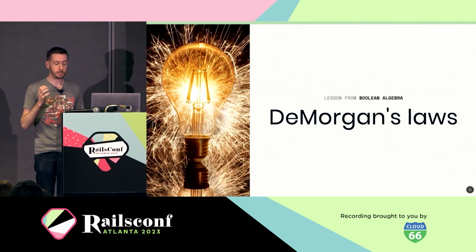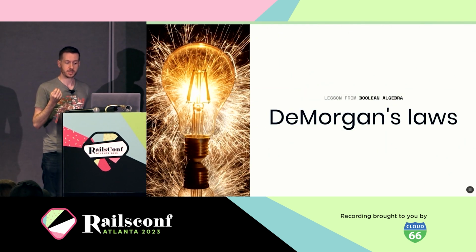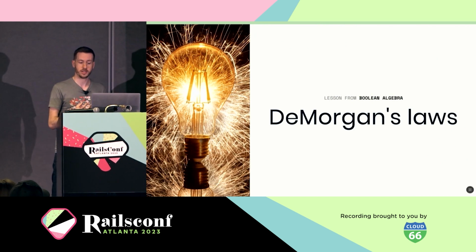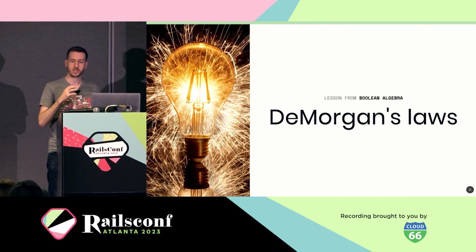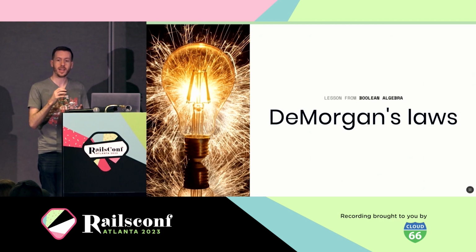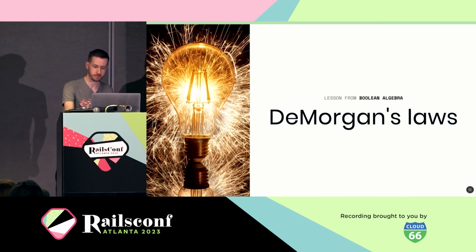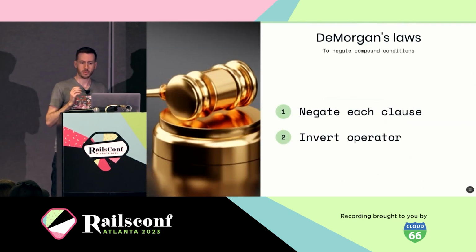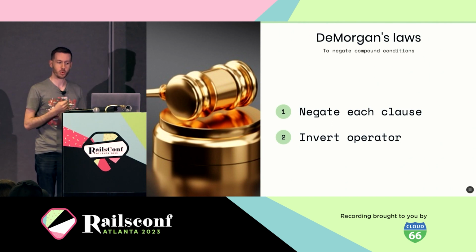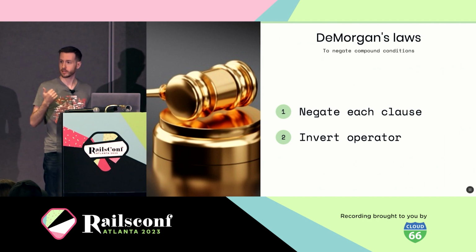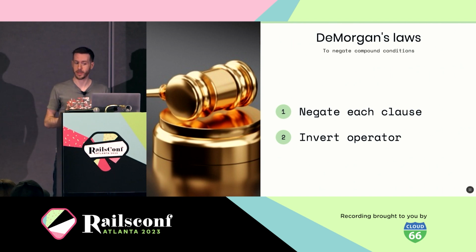So a lesson from Boolean algebra: De Morgan's laws, which teach us about how to negate compound conditions. To negate a compound condition using De Morgan's laws, we first have to negate every clause. That's what our colleague did. Good first step. But you can't stop there.